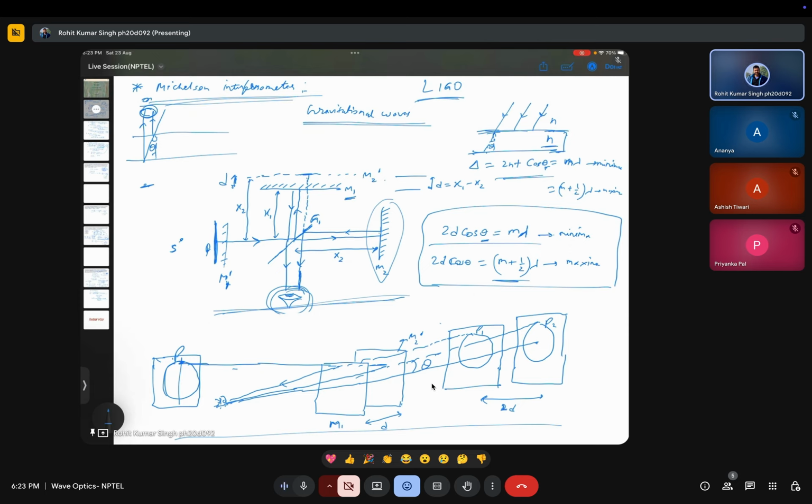And when this is the condition, then these two formulas are valid. Here also you see, we are observing from here, not from here. So you can go and check the thin film case, okay? Then I think it will be clear.